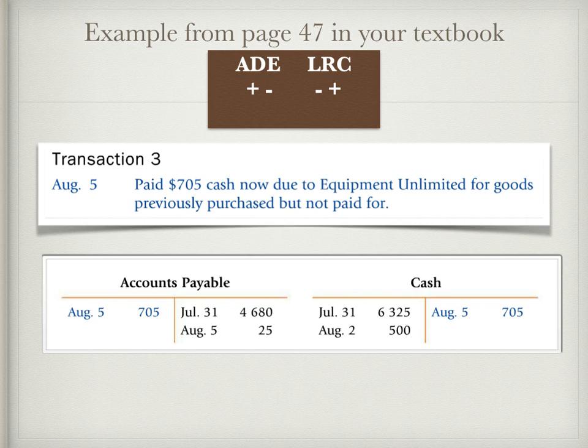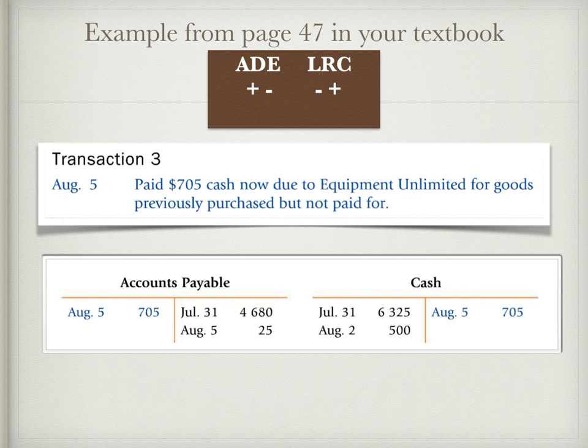So that's why we have to record that transaction on the right of our cash account. Our accounts payable account is also going down because we are paying Equipment Unlimited. So now we're owing them less money. So the other part of the transaction is recorded on the left.